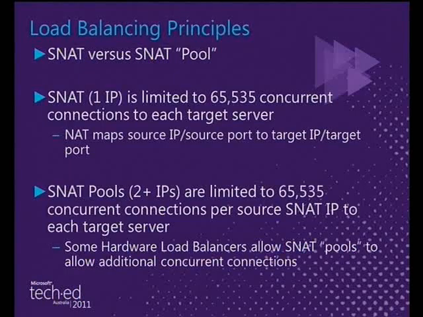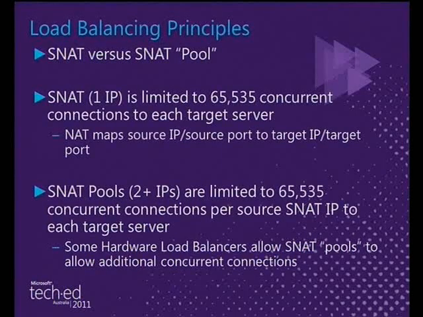This typically isn't a problem because it's easy for us to add an additional CAS server to the pool. It's relatively rare we see that 65,000 connections exhausted against a particular CAS server in the array. But in some cases, the workaround for this is to use multiple IP addresses on the load balancer, or a pool of addresses, to provide SNAT capabilities.